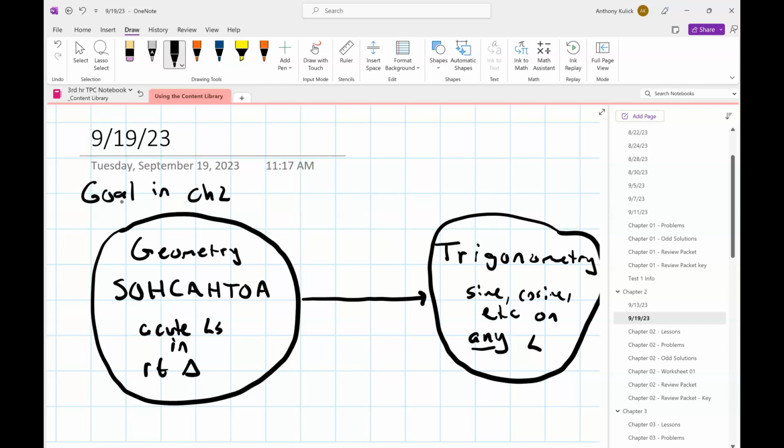Our goal in chapter 2 is going to be redefining how we're thinking about sine, cosine, and tangent. So we're no longer married to this right triangle, but we can now do sine, cosine, and tangent on any angle. Yes, Sydney? Of course.